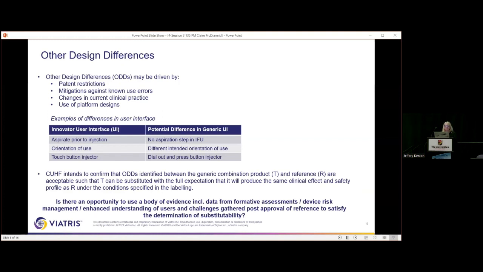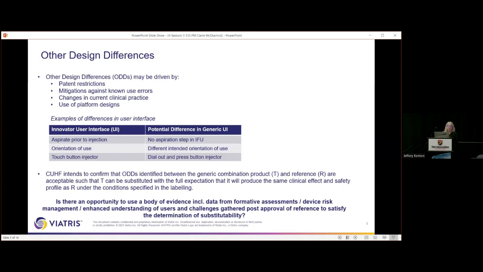We also have changes in current clinical practice, and potentially the use of a platform design rather than a specific design targeted at a reference product. All of these can be reasons for the introduction of other design differences.